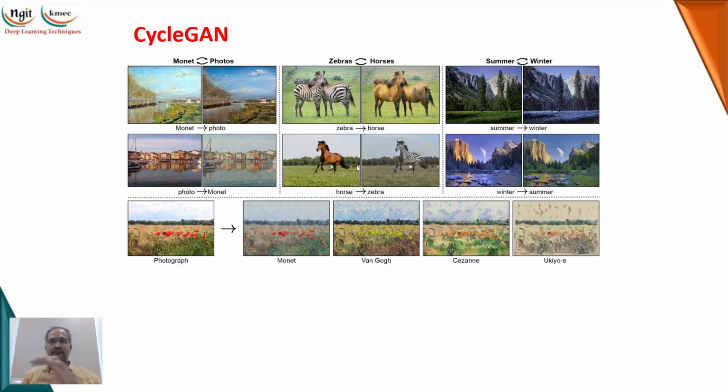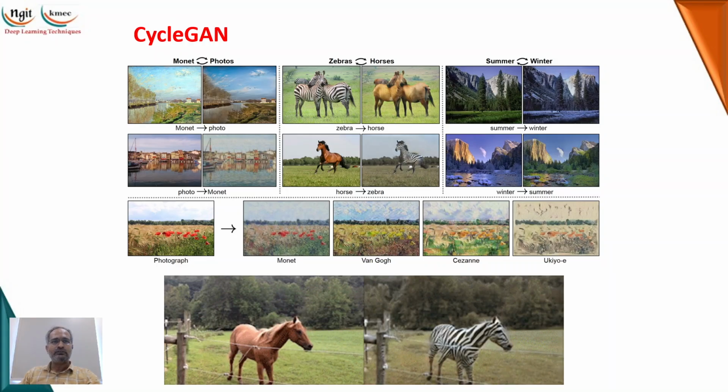So there is conversion of images from here to there and vice versa. This is very interesting. See here, we have the horse and the zebra, and you can observe that the horse is converted into a zebra.